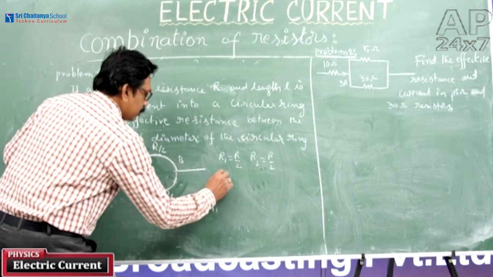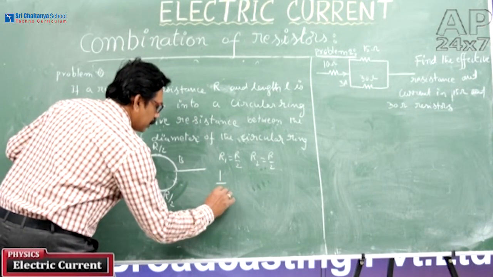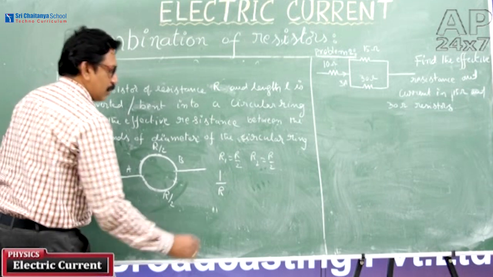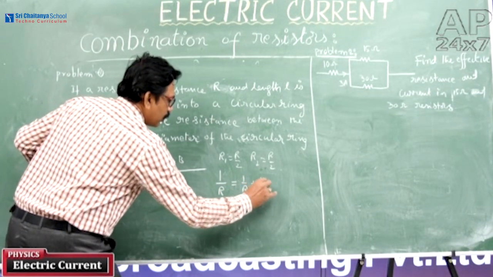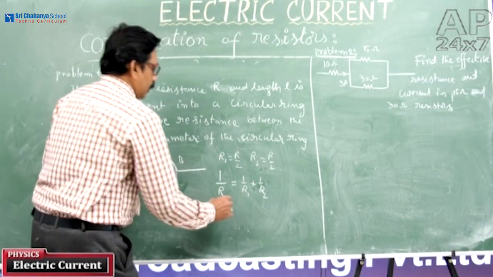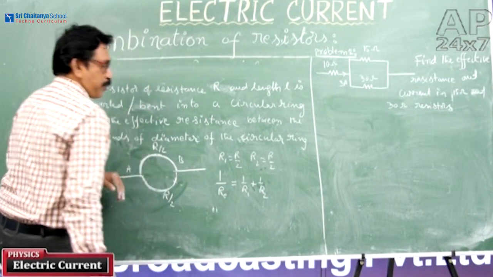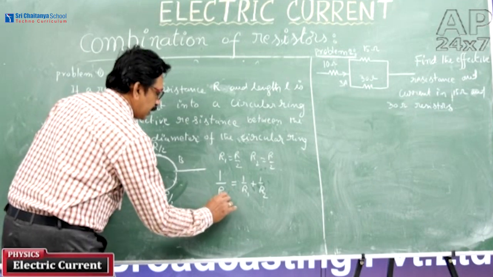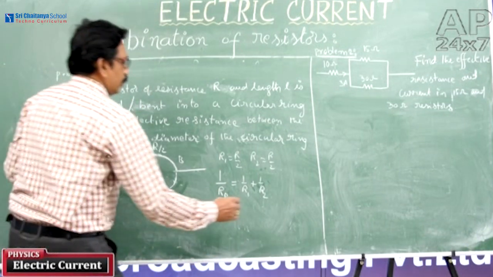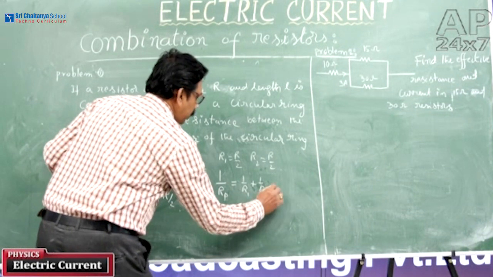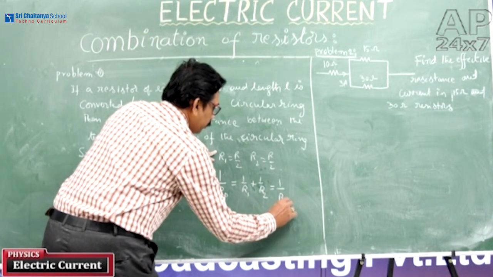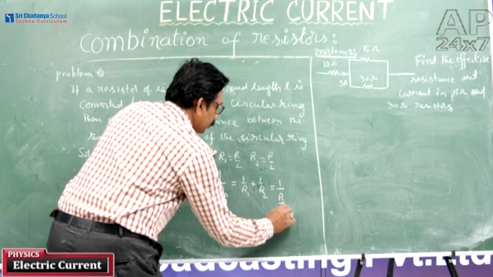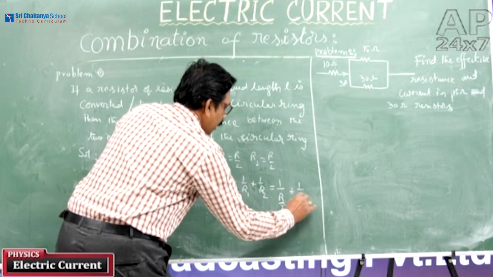And we know the formula for the parallel combination of resistors: 1 by R is equal to 1 by R1 plus 1 by R2. Let us say this is the effective resistance of the parallel combination, Rp. So, I am substituting the values: 1 by Rp is equal to 1 by R by 2 plus 1 by R by 2.